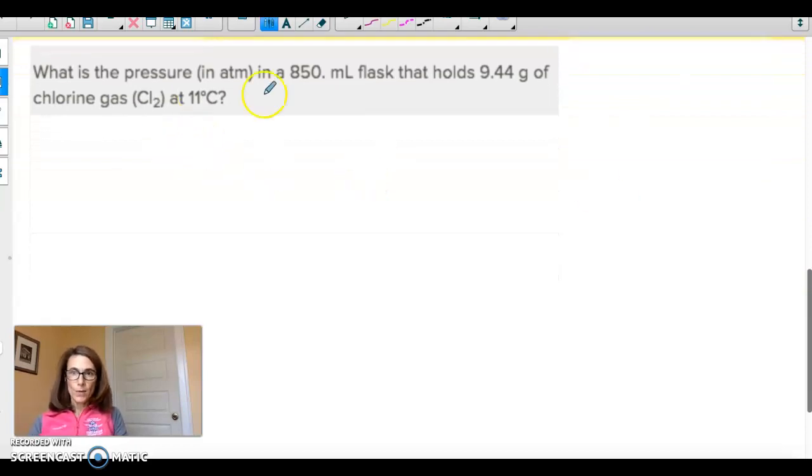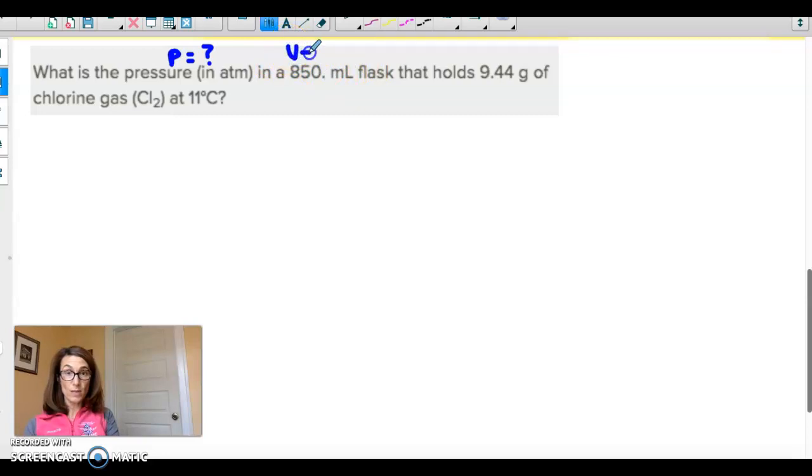All right, so what do we have here? We have a few things that we're going to need to convert in this problem. So what is the pressure in ATM? Okay, so P in ATM. So since we're looking for a pressure in ATM, that means we're going to choose our other value for R this time, which is the 0.0821. Our volume is given in milliliters.